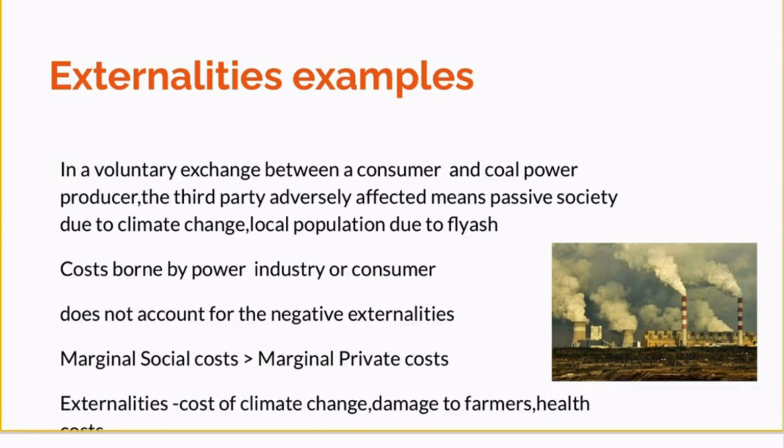However, we all know that there is a third party which might be adversely affected because of a power plant. So, what is that third party? One can think of the local population, some people living around that power plant, and they might be affected adversely because of the fly ash, because of the smoke which is emitted from the power plant.